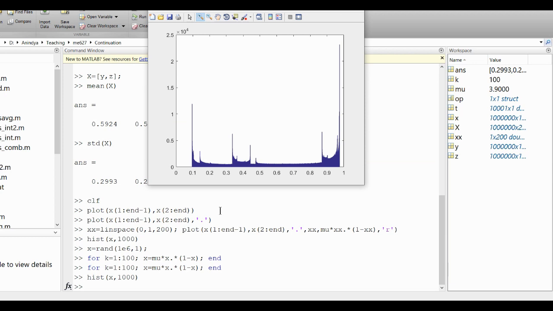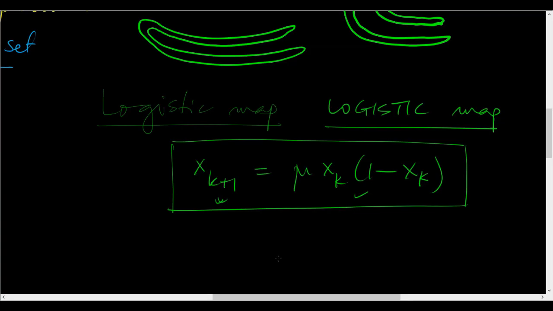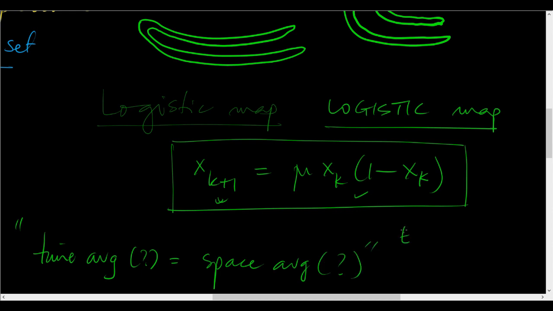Okay, and this property, the time average of whatever quantity of interest that requires the probability measure on the attractor, equals the space average. This is a very loose statement of the same thing. This property is called ergodicity, and it is important and common in chaotic systems.